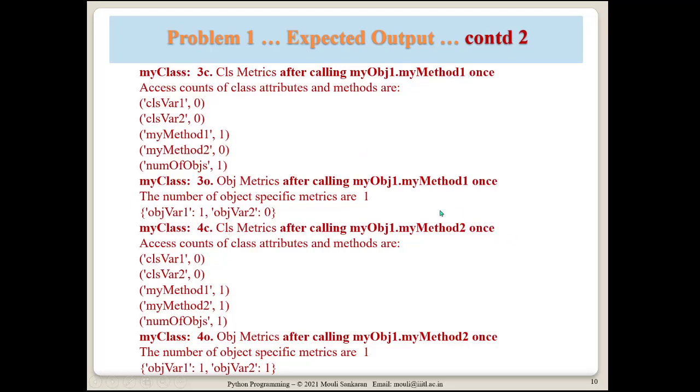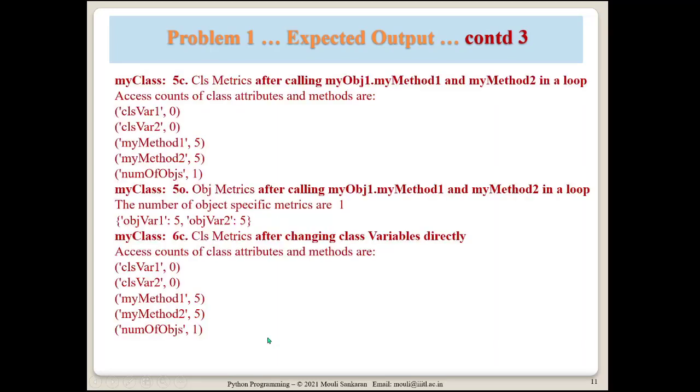And then if I am calling method 2 with respect to object 1, because there is only one entry here, object 1 is created, I am saying that both are getting one value because I used it once here and once there. So I hope this is clear.